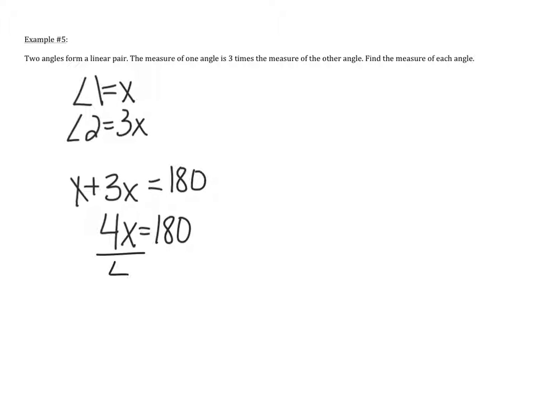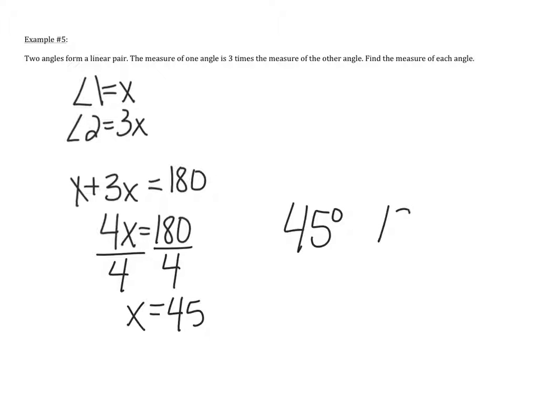Divide both sides by 4 and you end up with 45. So remember, our first angle was x. So the measure of the first angle would be 45 degrees. And you know that the second angle is 3 times that, or you could just take 180 minus 45. So our second angle would be 135 degrees.